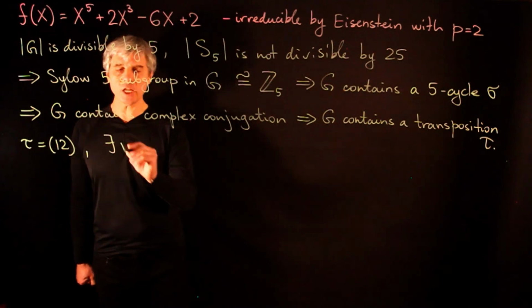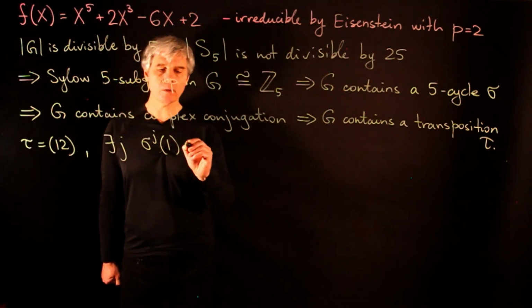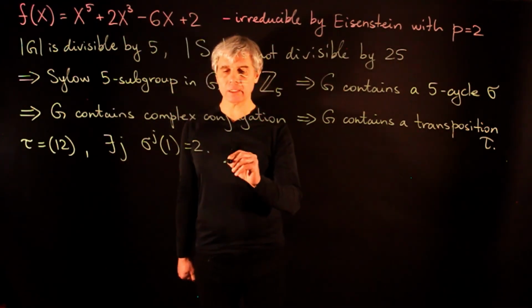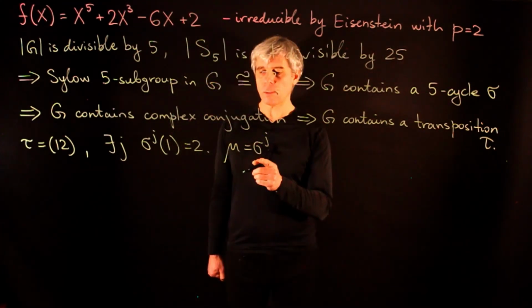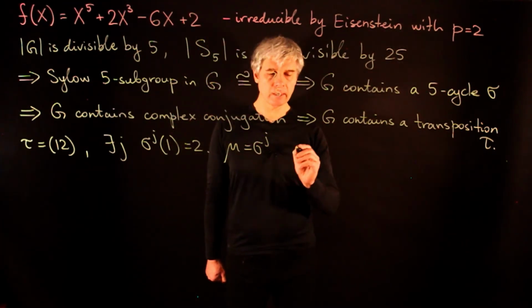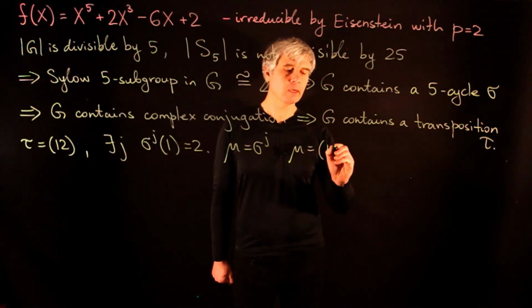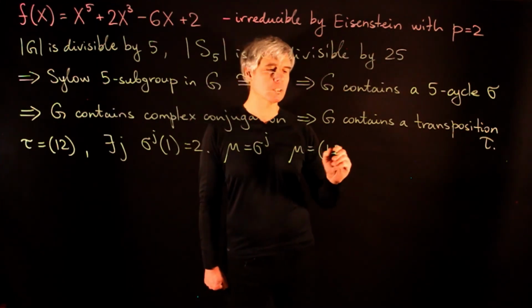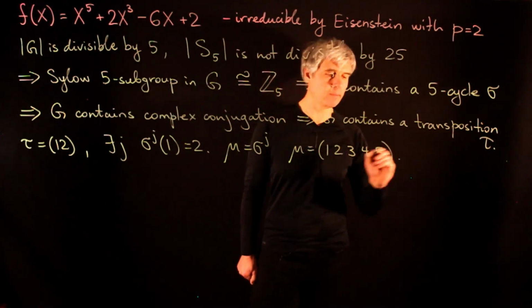Since sigma is a 5 cycle, there exists j such that sigma to the power of j will send 1 to 2. Let us fix this j, and let's denote sigma to the power of j as mu. Then mu is a 5 cycle, and as a 5 cycle it will start with 1 and 2, and then we can label the 3 remaining roots such that mu is (1 2 3 4 5).